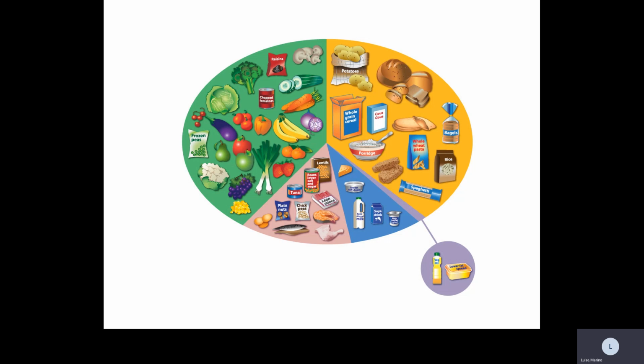And then you've also got your protein-containing food, so your high biological value proteins, and your lower ones, such as your vegetable sources, so your meat, fish, nuts, peas, beans and lentils.